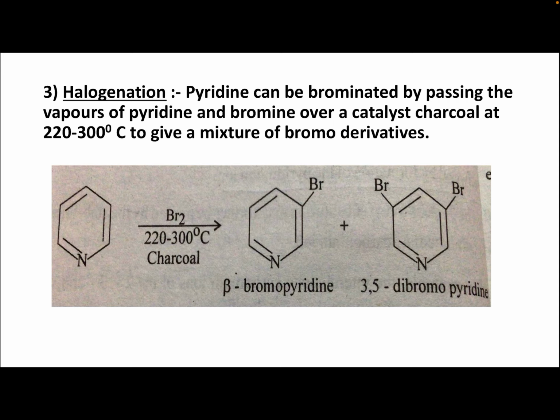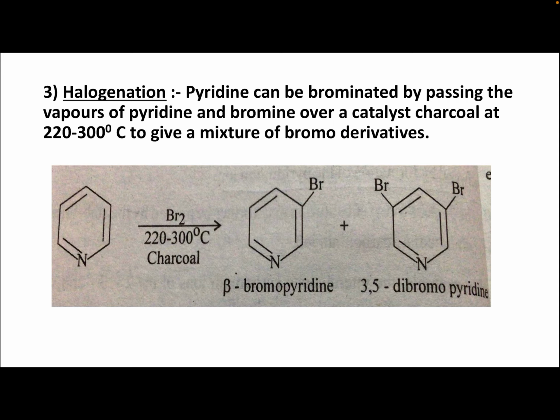Next, halogenation. Pyridine can be brominated by passing the vapors of pyridine and bromine over a catalyst charcoal at 220 to 300 degrees centigrade to give a mixture of bromo derivatives. We are seeing pyridine on the arrow, bromine is there, that means bromine vapors are passed.